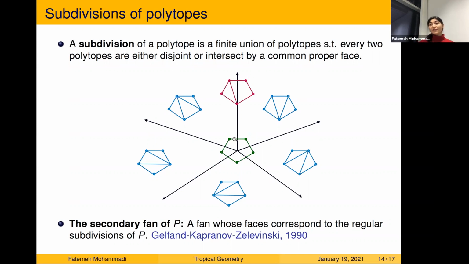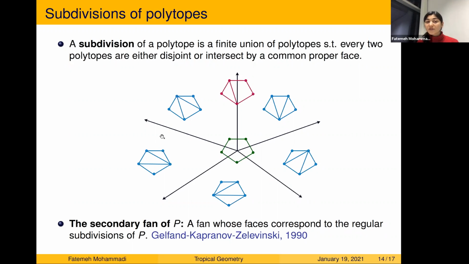It turns out that if you draw all your subdivisions in an order such that every 2 adjacent ones share some of these edges, the only difference to go from here to here is that you fix this edge and just flip one of the edges in the triangulation to this one. If you order them nicely, then they have a fan structure.